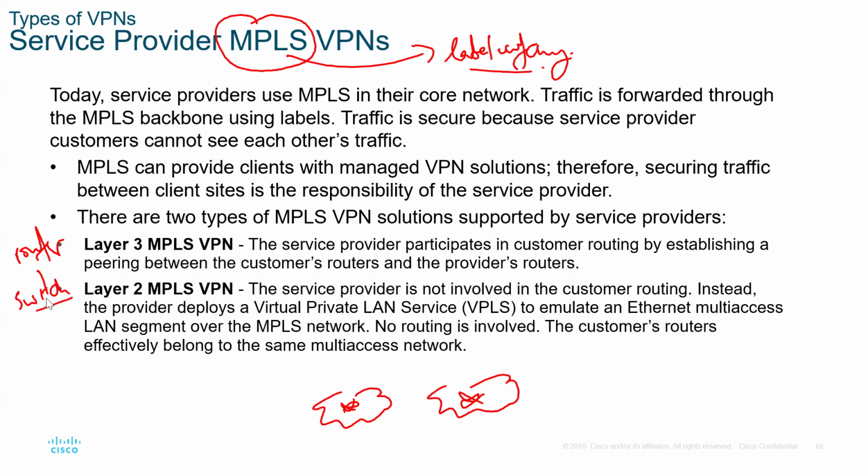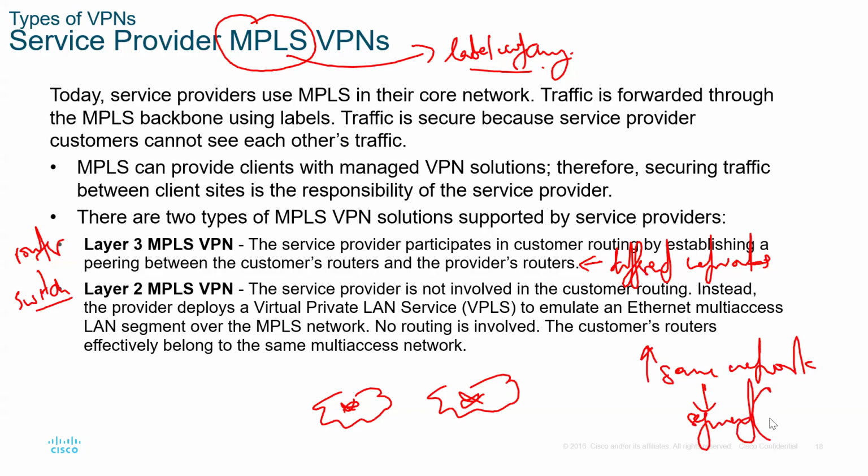So we have a multi-access network instead of different types of networks. If I can simplify, with layer 3 the service provider acts as a router, meaning the networks are segmented, with different types of networks. With layer 2 it is the same multi-access network, but with different segments.